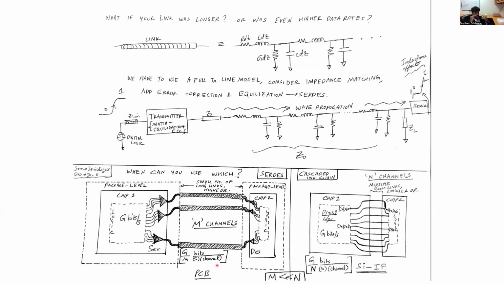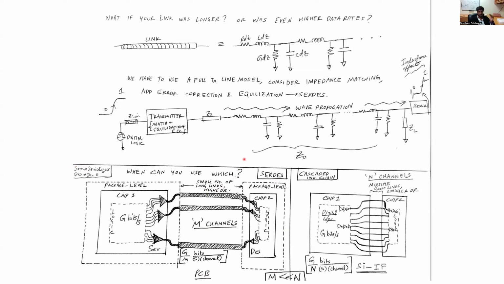Since the number of channels M is very limited compared to the number of links that actually need to come out of the chip, the data rate per channel is quite high. Therefore, in a typical PCB, the approximation we used of the RC delay model no longer applies, and we have to use a full transmission line model.